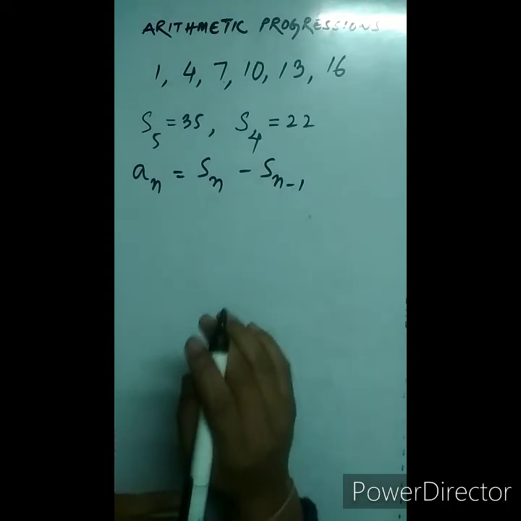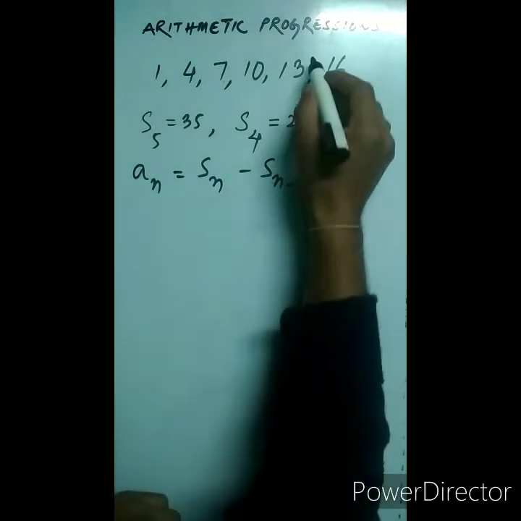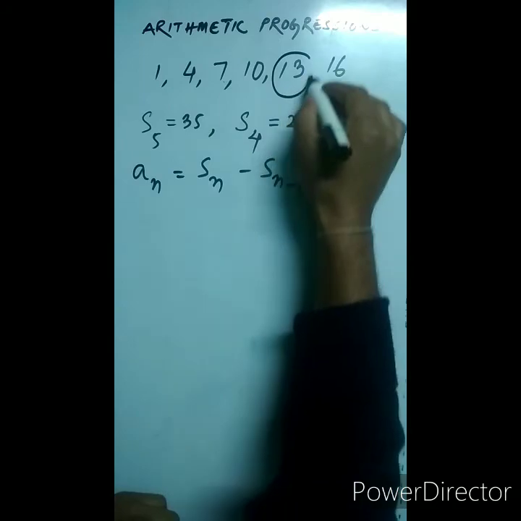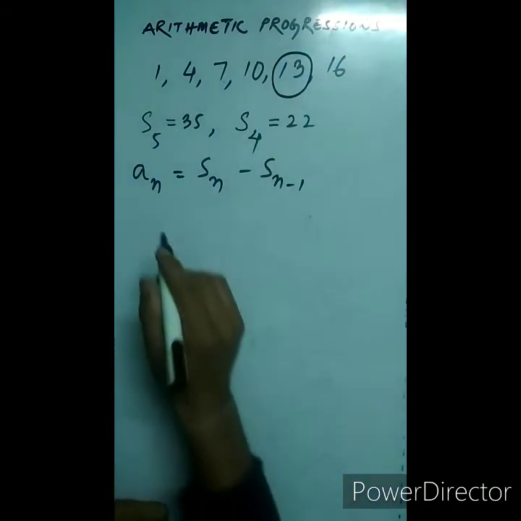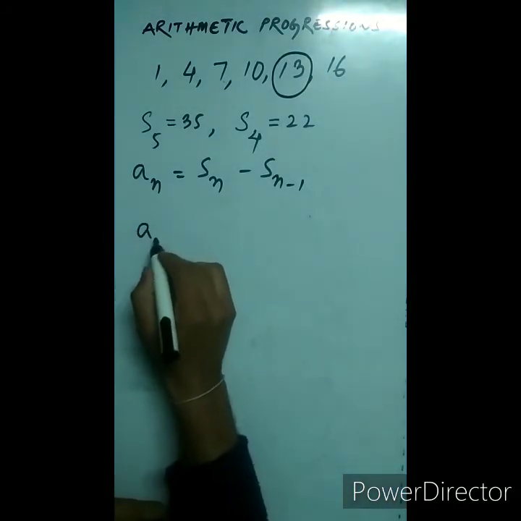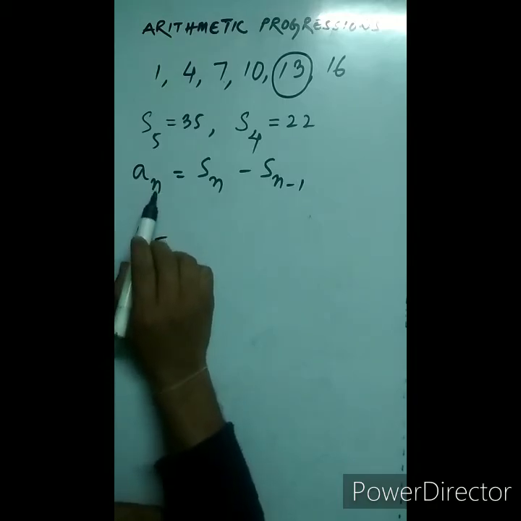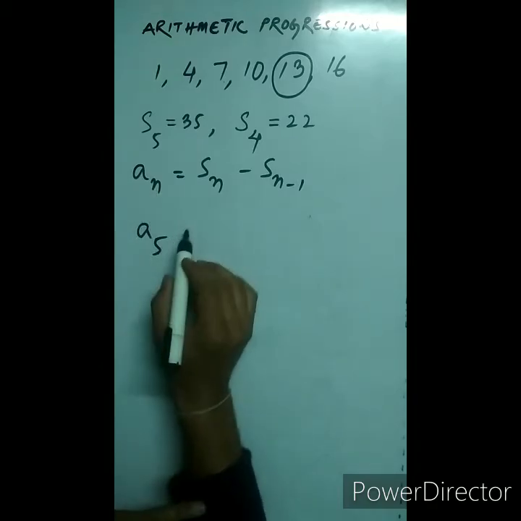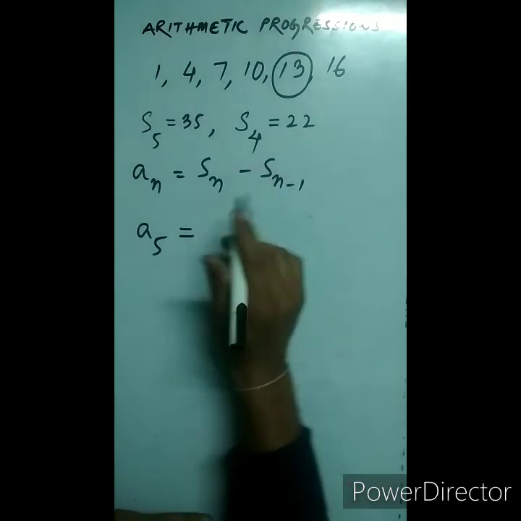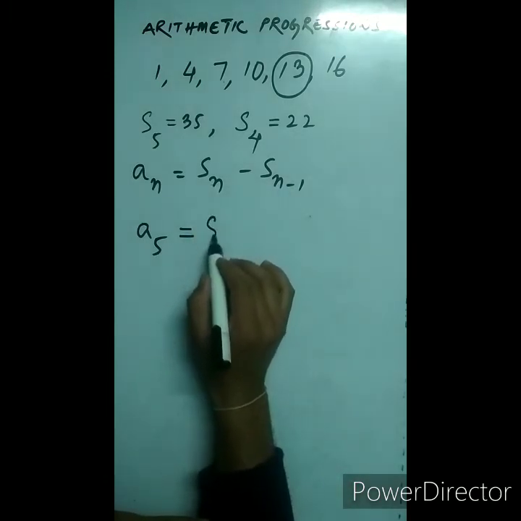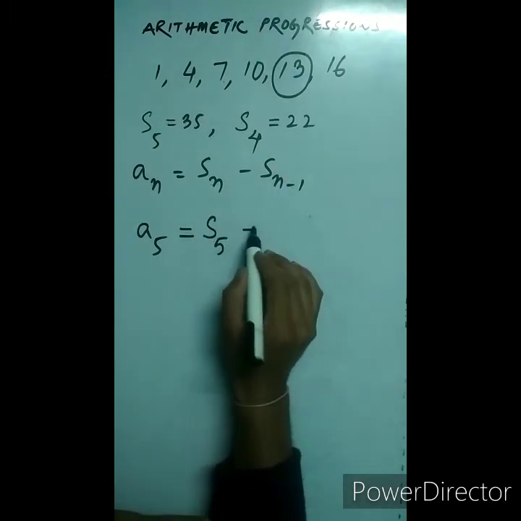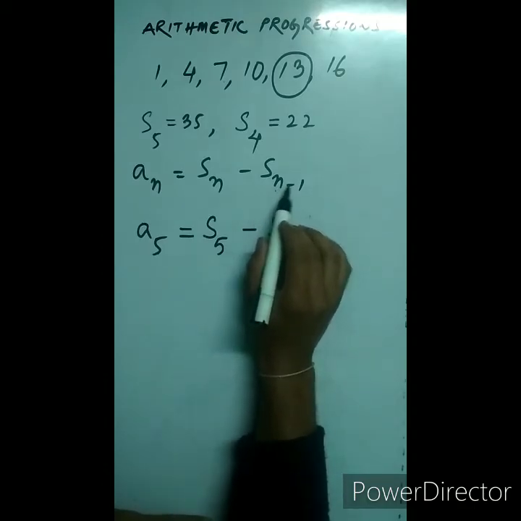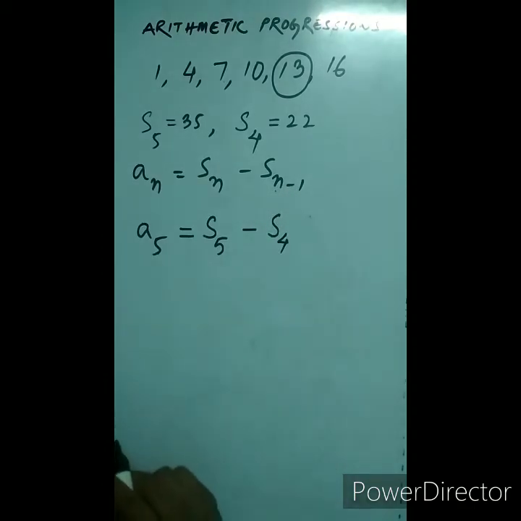So here I want to find A5 now. In place of n, I'm writing 5. So here also you will write 5 minus 1, it will be 4.